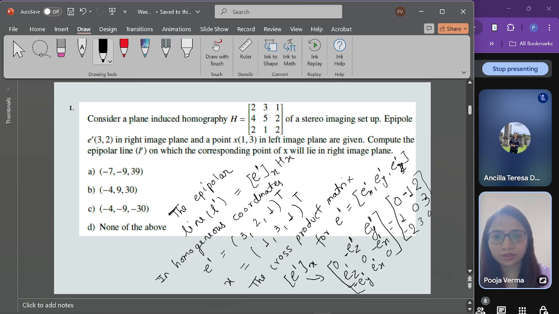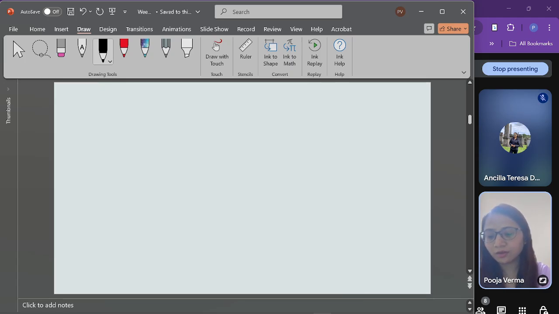Okay, so now I am going to another slide to solve it. First we calculate the line; this is the formula. First we can calculate the product Hx, then we can calculate the rest. We already know that the plane induced homography matrix H is given in the question.